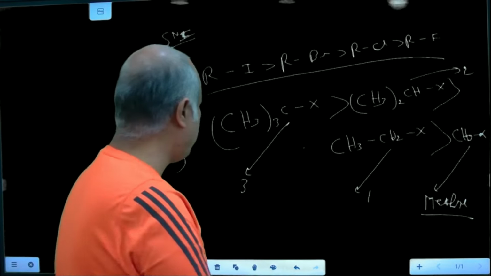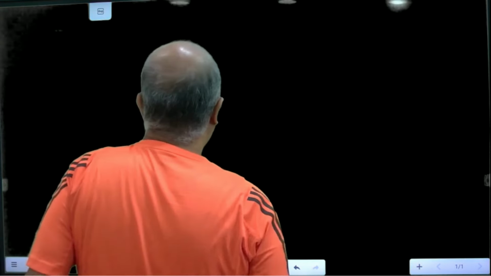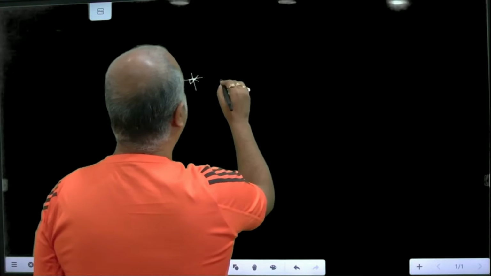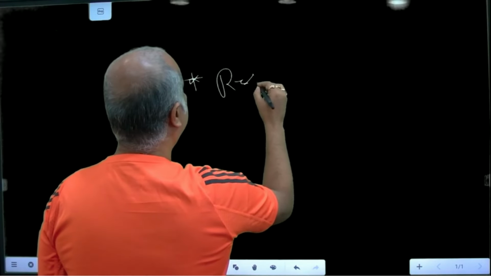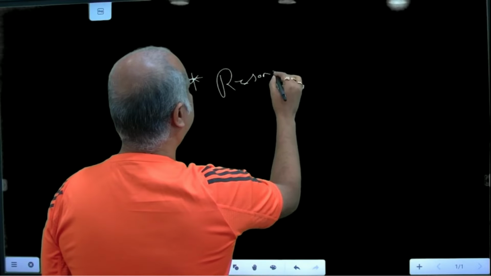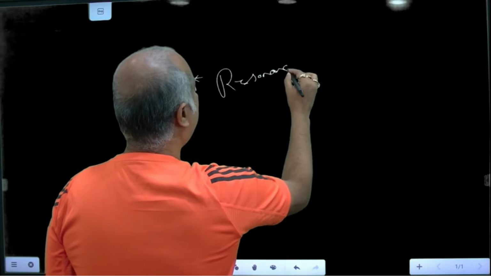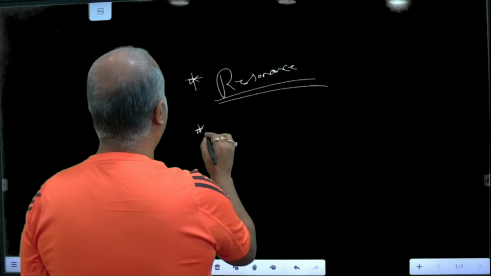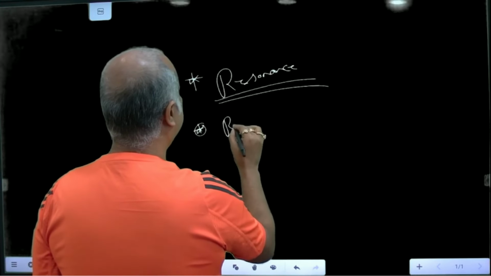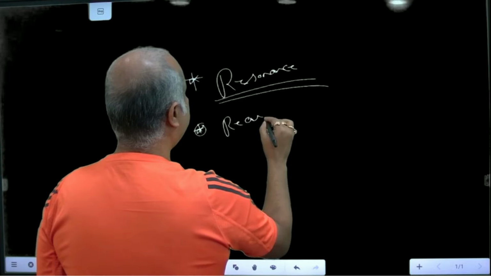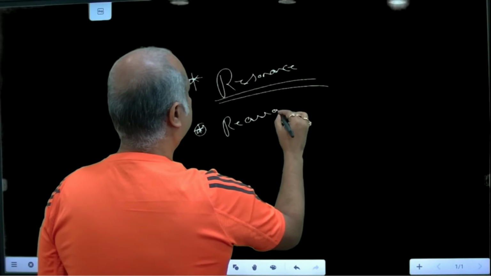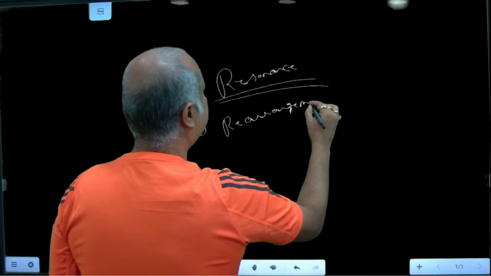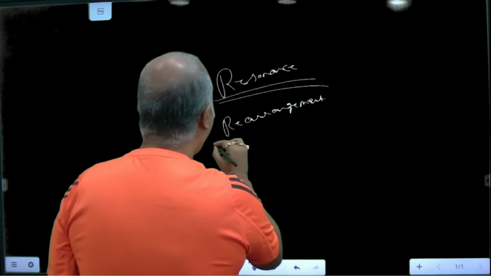And also you will write down resonance stabilized carbocation, and another star mark: rearrangement also occurs.